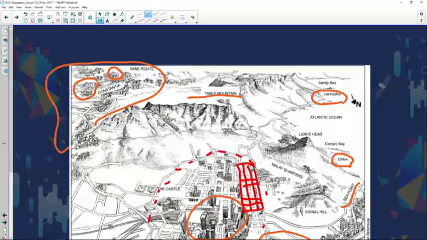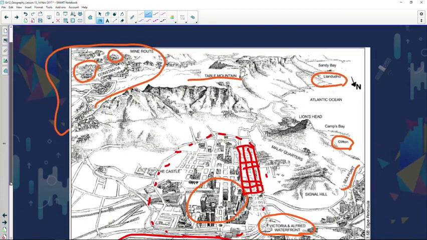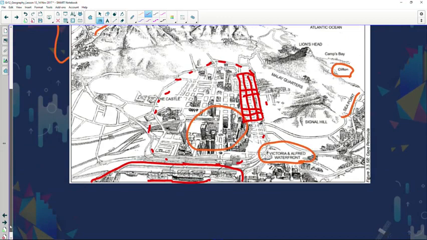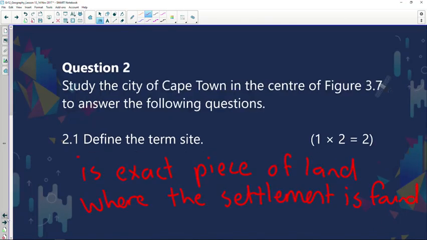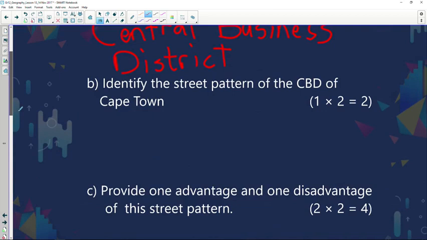Am I right? Definitely not irregular planned, but because it's in a CBD, if you look at the characteristics, most of your older settlements have a gridiron pattern. And let's just quickly look at the questions that follow. The street pattern of the CBD of Cape Town is established as a gridiron pattern.